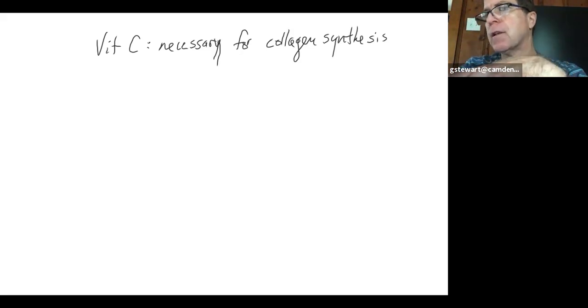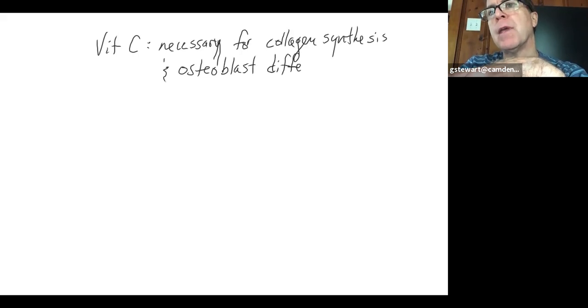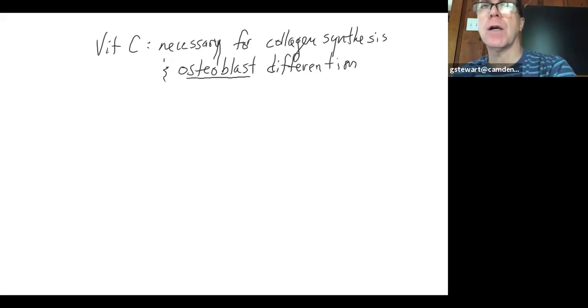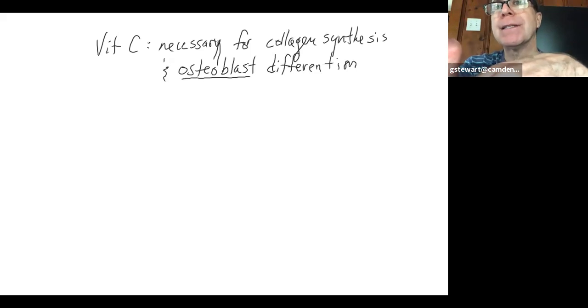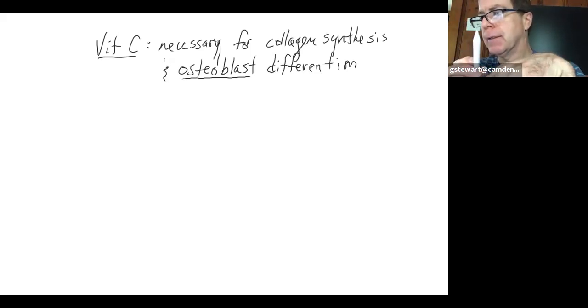Vitamin C also increases osteoblast differentiation. That word differentiation you'll hear throughout A&P. It just means turning into something else. So when new osteoblasts are formed from stem cells, those osteogenic cells, vitamin C assists in that process.